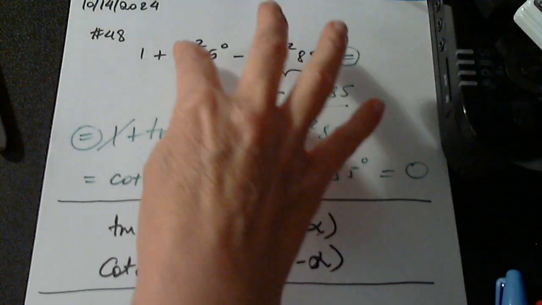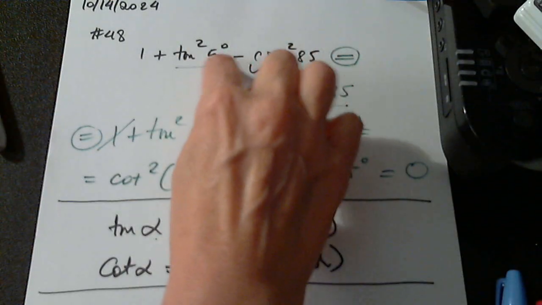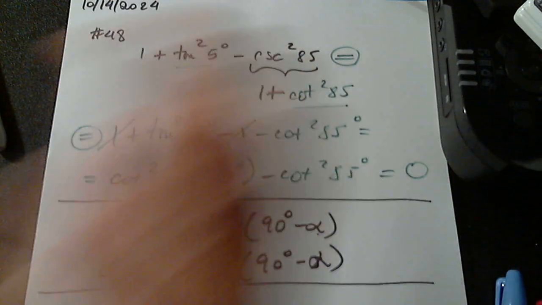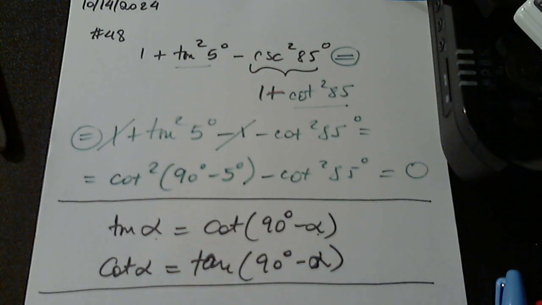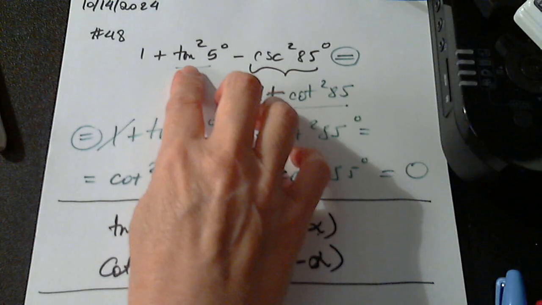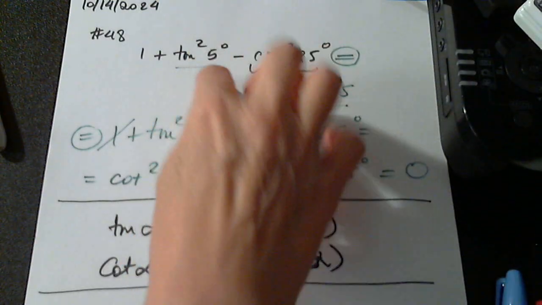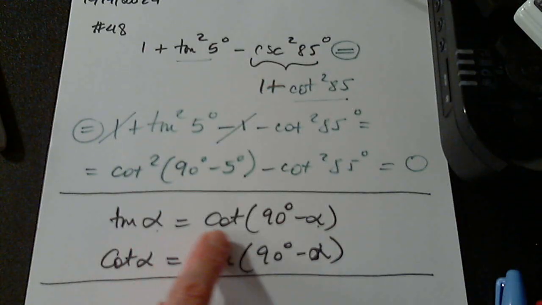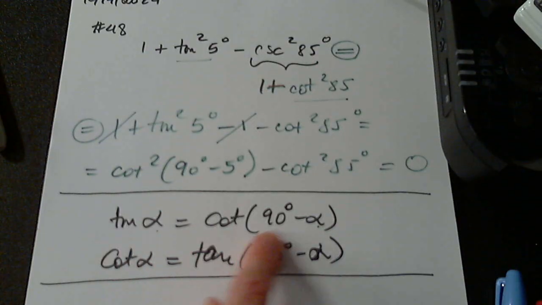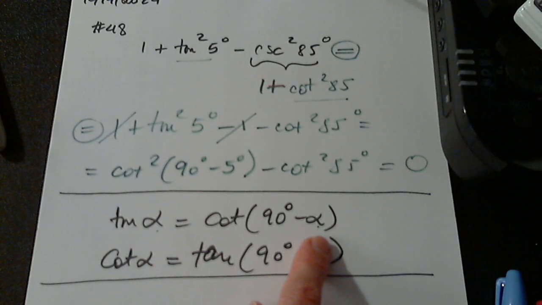It's a very good question, actually. If you're given degrees, then you have to use degrees. You cannot use pi over 2. If you have tangent of pi over 3, it is cotangent of pi over 2 minus pi over 3.